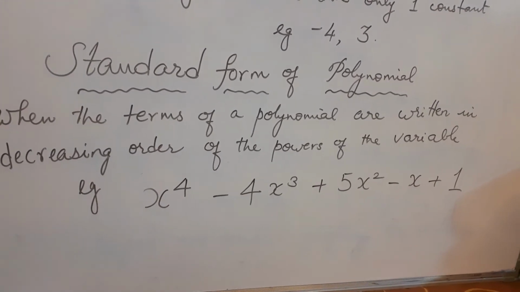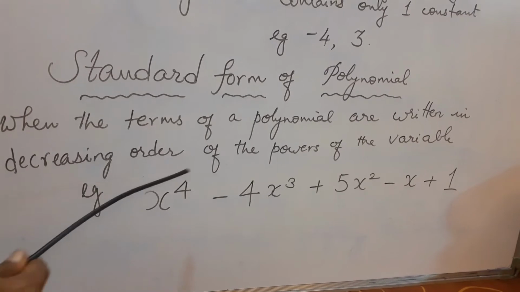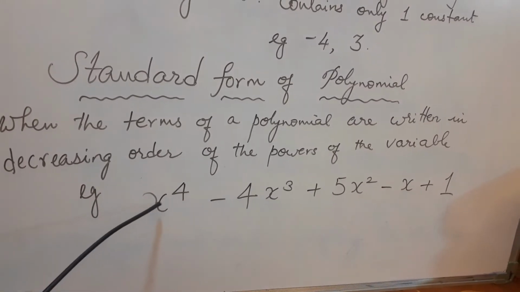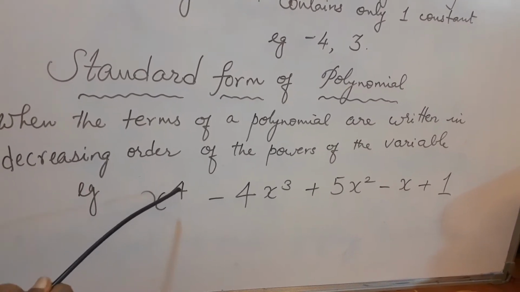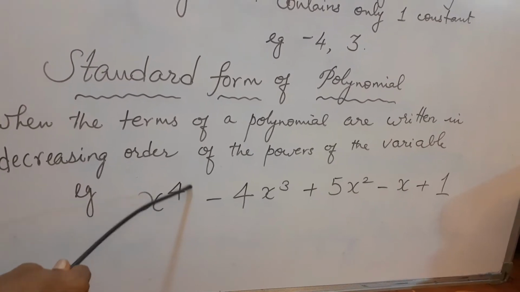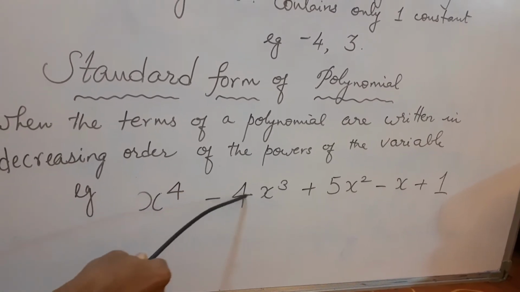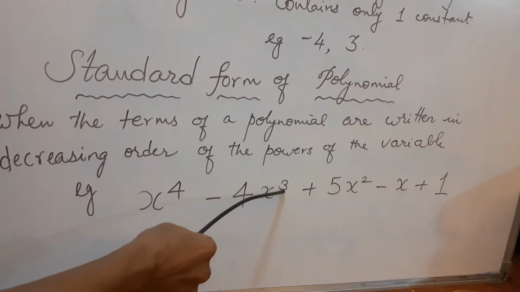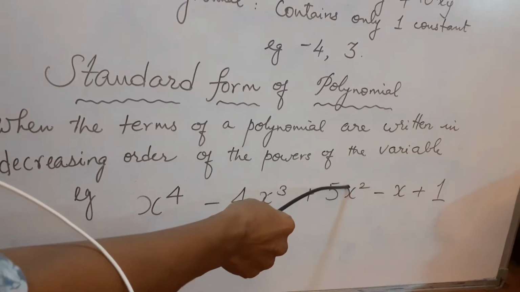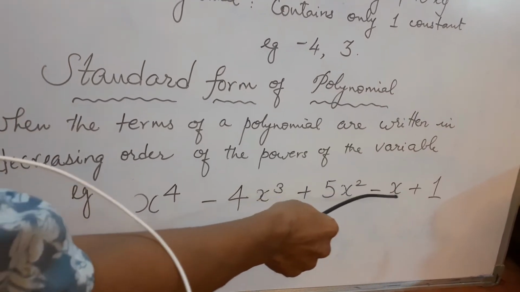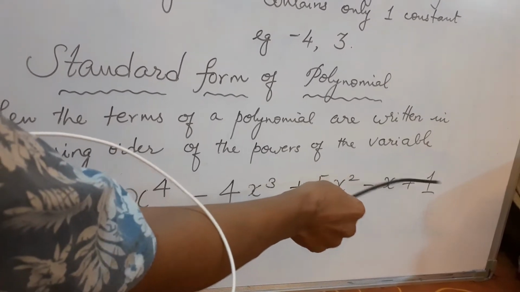Now in this algebraic expression, what are the various exponents? The exponent of x is 4, the exponent of x is 3, exponent of x is 2, exponent of x is 1. Okay.